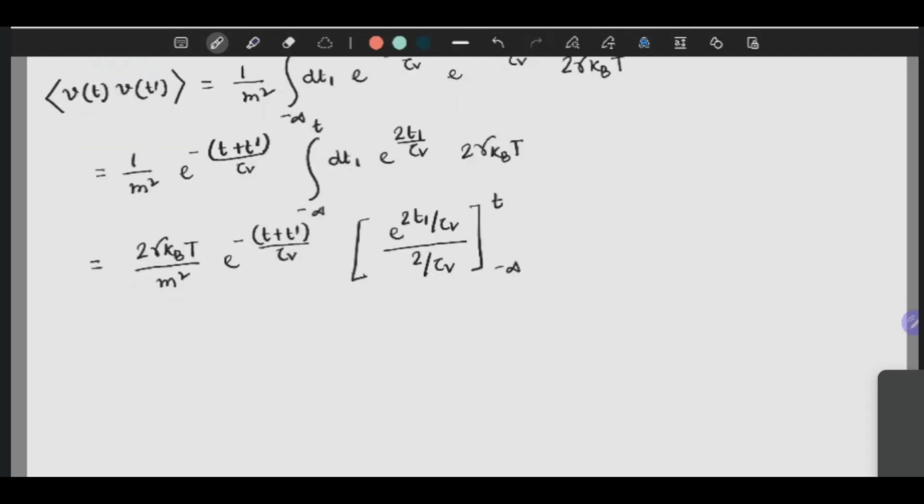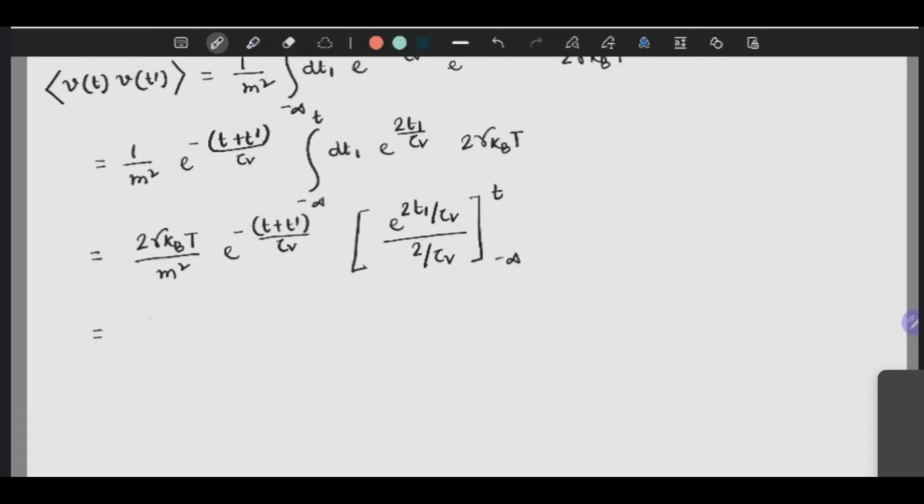Clear? So from here you can easily see tau v. Okay. So if t1 is minus infinity, this will be 0. So the only term will be 2t by tau v.